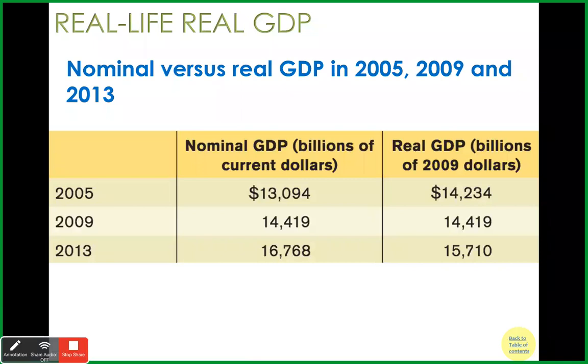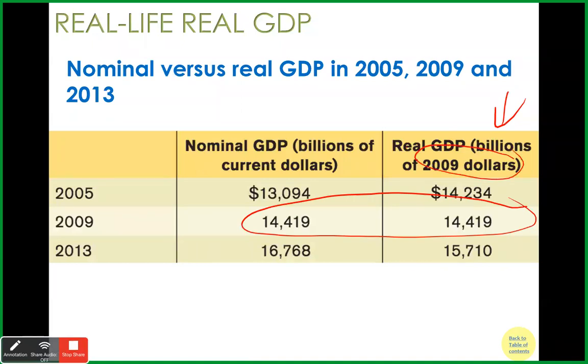That's the correct answer. And why? It's because in this year, nominal and real are the same. But certainly the information is here, it just tells you real GDP uses 2009 dollars. In practice, when they say 2009 dollars or 1980 dollars, it means we use that year's price to calculate real GDP. And by construction, for the year you choose as the base year, the nominal and real are the same because you use the same price.